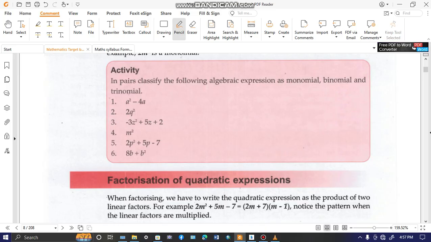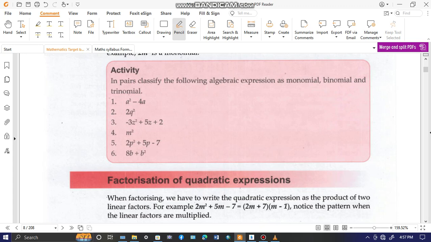So technically, your teacher in the first lesson has probably mentioned three types of quadratic expressions: quadratic trinomials, quadratic binomials, and quadratic monomials. A quadratic trinomial is the one that has three terms, a quadratic binomial has two terms, and a quadratic monomial has one term.